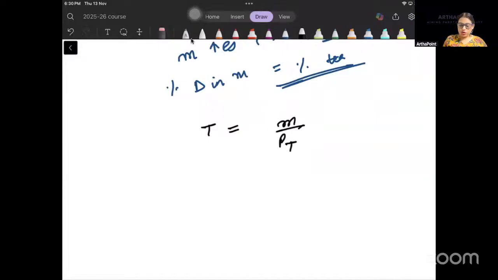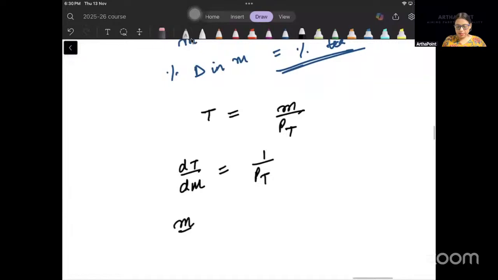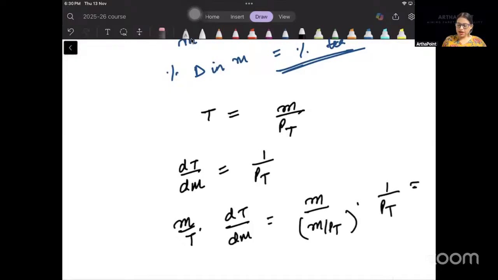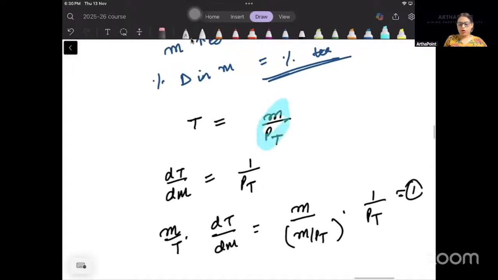Right? So dT by dM will be 1 by PT. So M by T into dT by dM will be M by PT into 1 by PT, माने 1. I am spending all my income on tea.